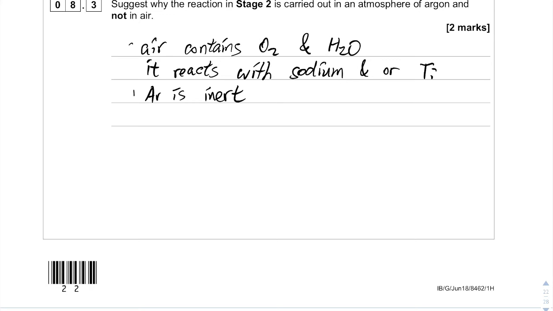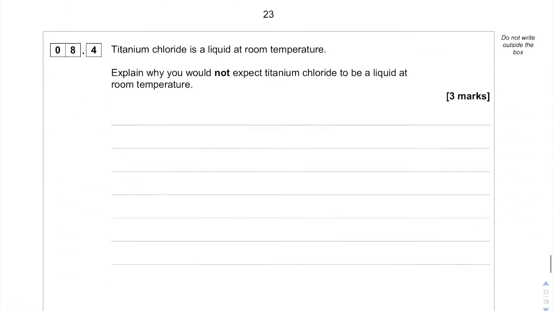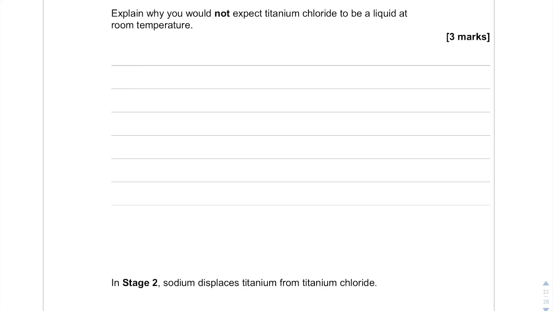So 2 points in terms of sodium reacts with the atmosphere is 1 mark, and argon is inert or doesn't react is another.